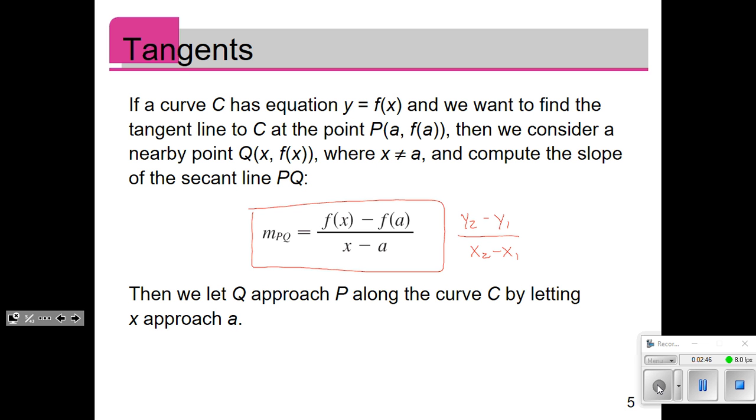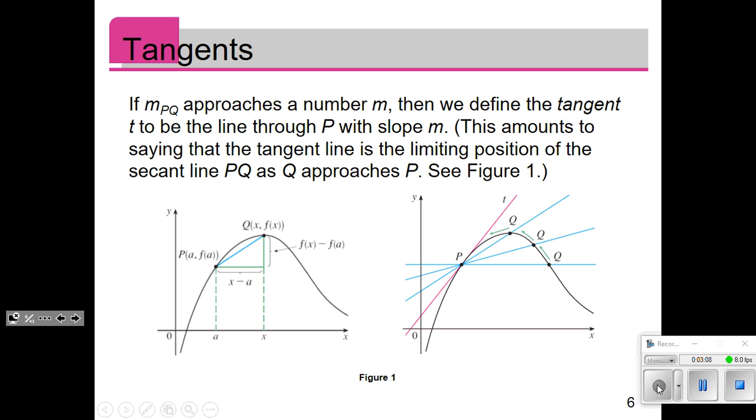Then we let Q approach P along the curve C by letting x approach a. So remember, the a is the x value of the point we're actually trying to find the tangent line at. The x is the x value that we're using and getting closer and closer to a. One of the reasons I wanted to go over the PowerPoints is they have some nice pictures.